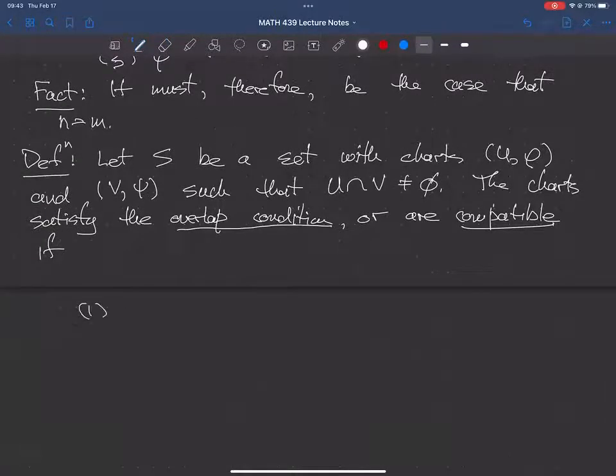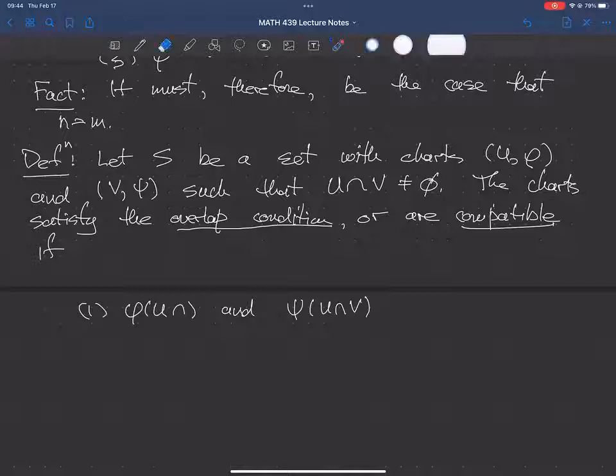So the first condition is that if I take my map phi and apply it to the intersection, or if I take psi and apply it to the intersection, each of these, therefore, phi maps into some Euclidean space, as does psi, I'm going to require that both of these be open subsets of whatever Euclidean space they take values in.